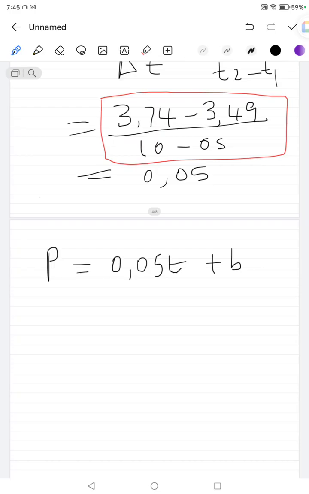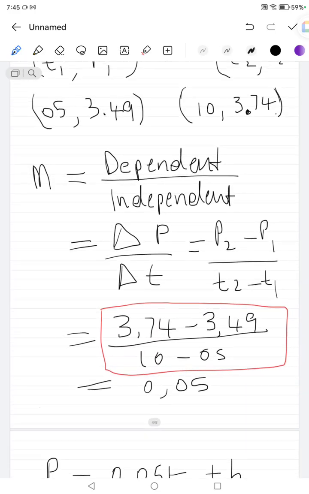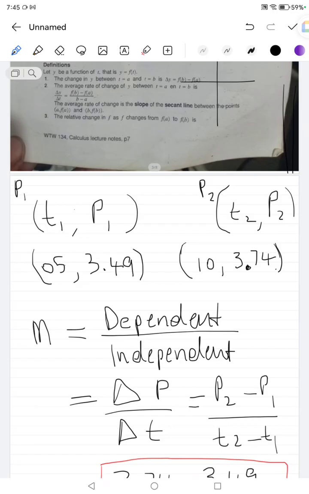In order to find our b, you can use any of the points that you like. You can use the first point, you can use the second. You're going to get the same answer.